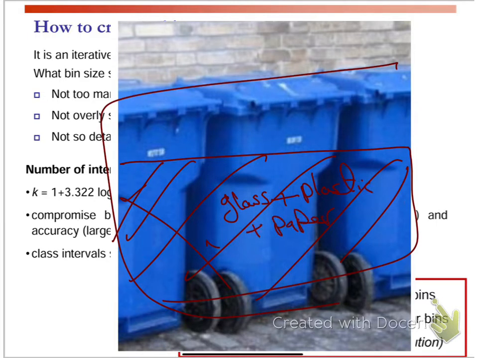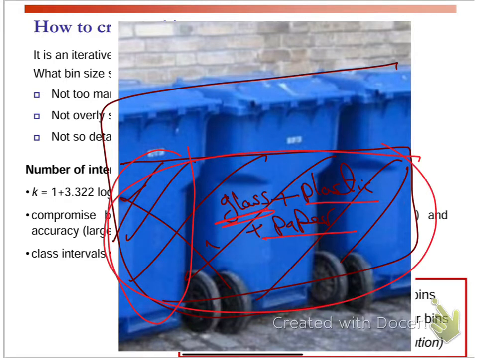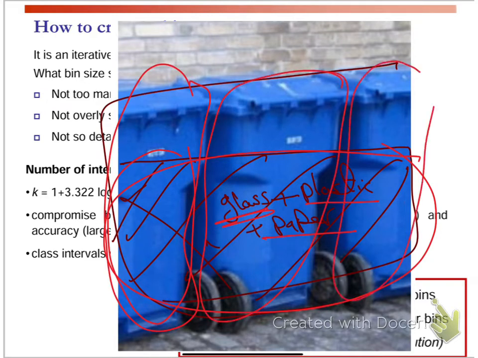I cannot judge whether the glass is more, or plastic is more, or paper is more, and I cannot get the details inside each box, or the details of the material which I have gathered. But if I divide them or slice them into classes or bins, it's easy to judge for each one. So here I have to compromise.